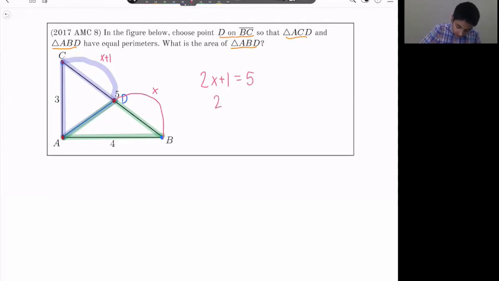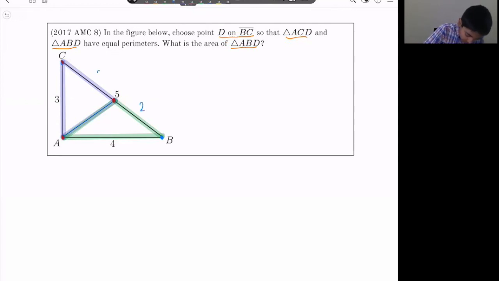So now that means that 2x is 4, since 5 minus 1, so x is 2. So that essentially means that x is 2 and x plus 1 is 3. So now that we figured out the values, let's erase it since we don't need it anymore. This is 2, this is 3.